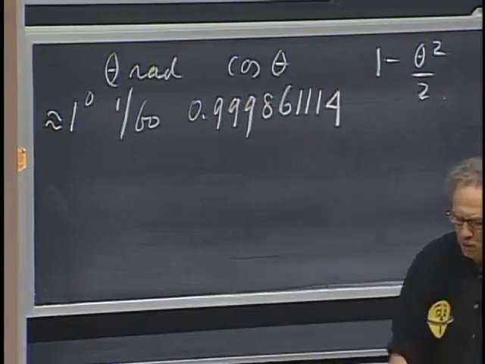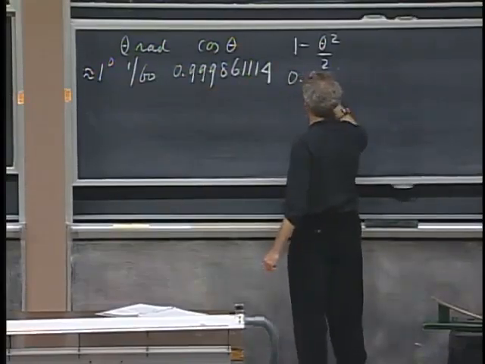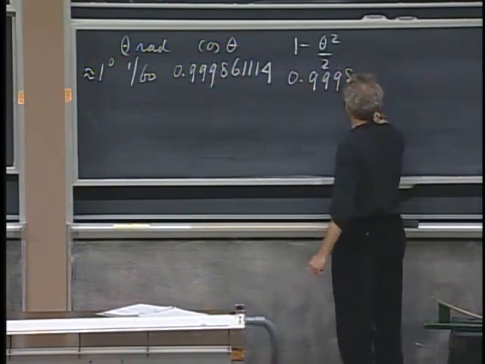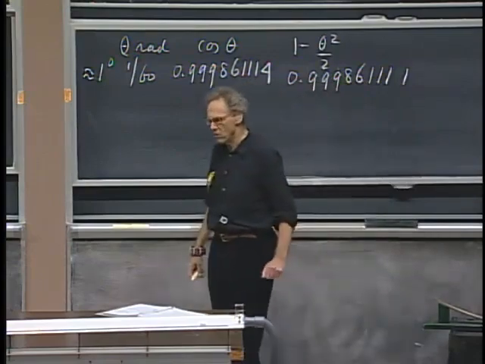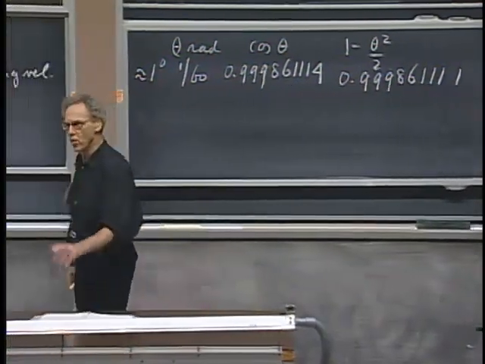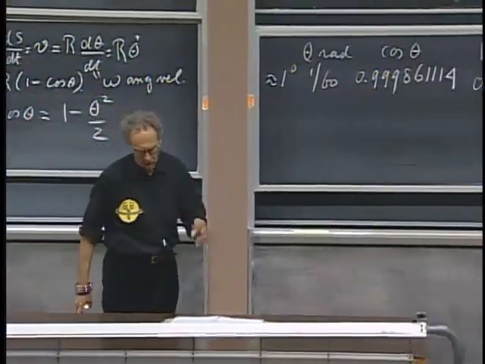Then I calculate what 1 minus theta squared over 2 is, and I find 0.999861111. That is very, very close. That only differs by 3 parts in a billion. That is very close.